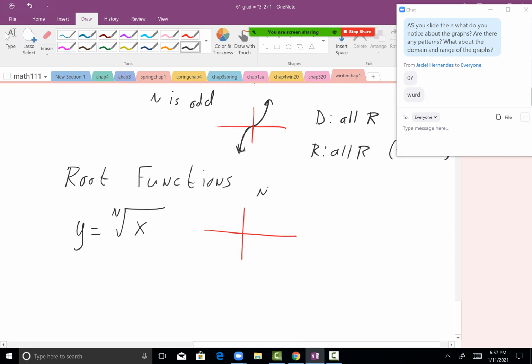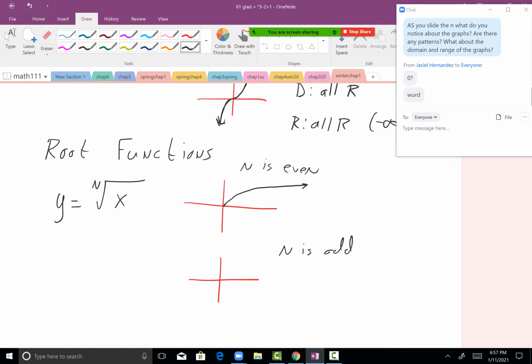Okay, so when n is even, it starts at 0, and I bet it goes like that, right? Yep. Okay, cool. What happens when it's odd? It's like the same thing as a power function, but it's a different side. It goes from left to right.